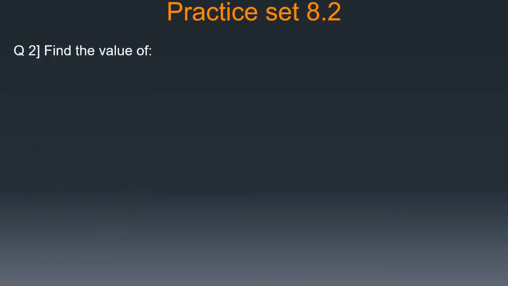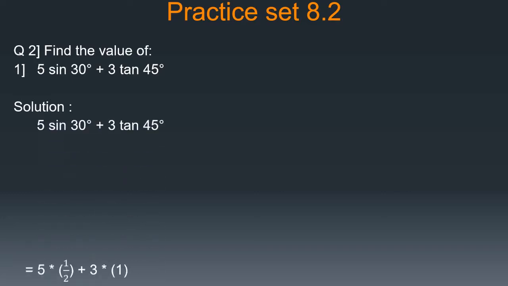Find the value of. Let us begin with the first sum, that is 5 sin 30 degree plus 3 tan 45 degree. Solution. Here we are going to use the values from the table which we have done. Sin 30 we already know, that is half, and tan 45 is 1. So we are going to substitute those values here.